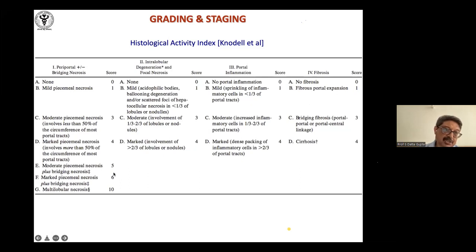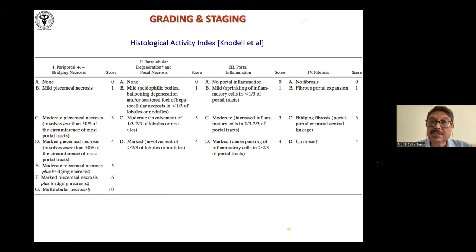The second problem with Knodell's is that he combined fibrosis with inflammation. So he combined fibrosis and inflammation together, and then you add up the fibrosis score and inflammation score, and then you arrive at a histological activity index.